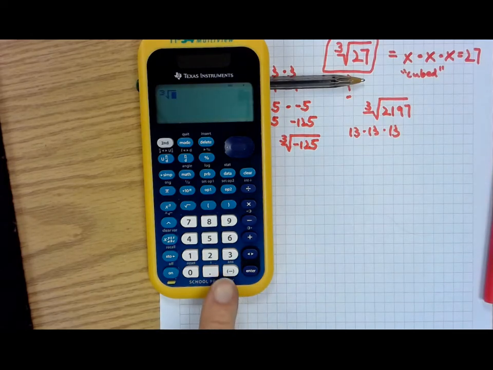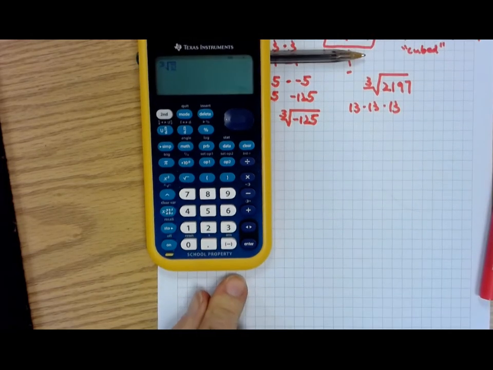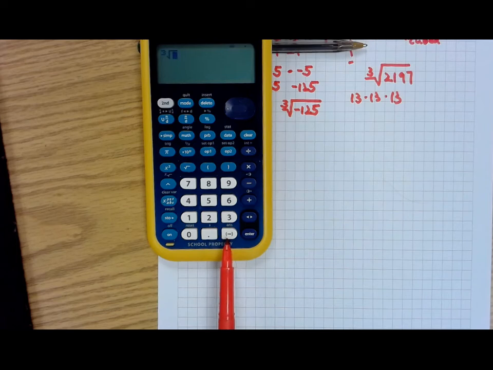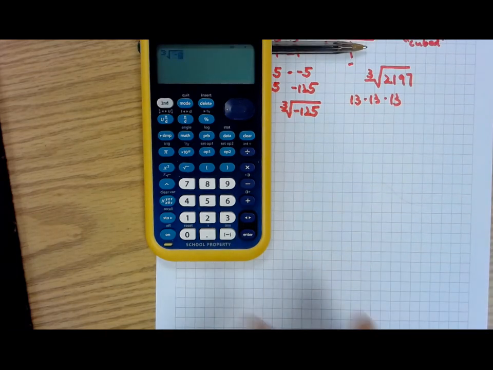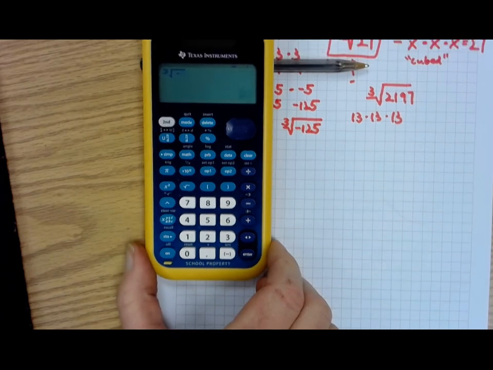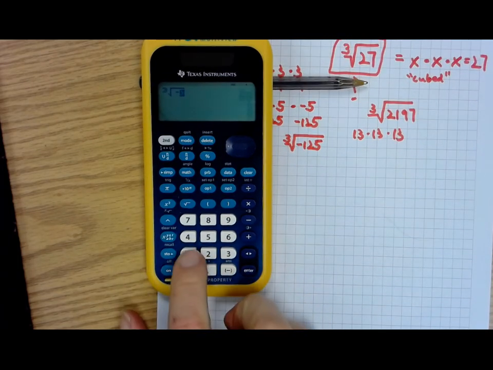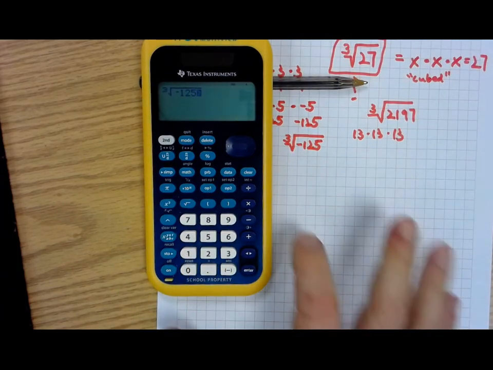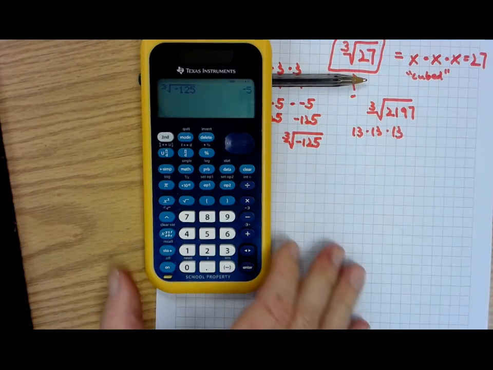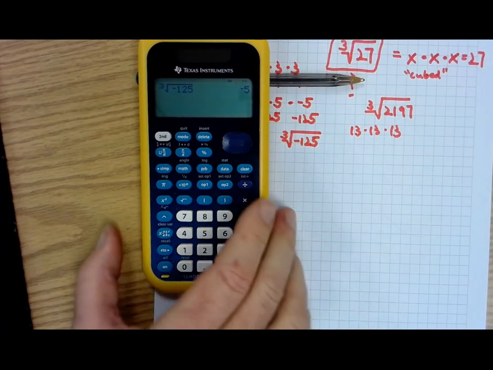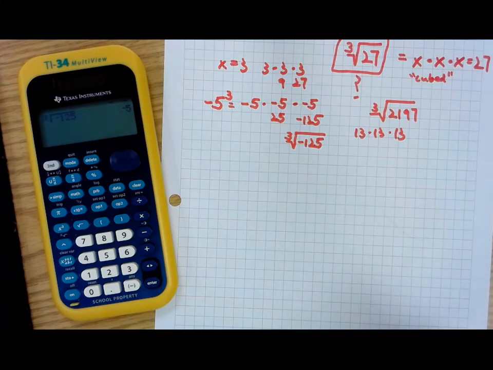But do hit this right there. That represents the negative sign. And you see it on display right there. Now I put my 125 in and enter. And you see -5, which is what we started with.